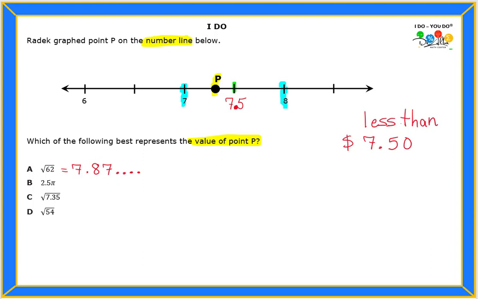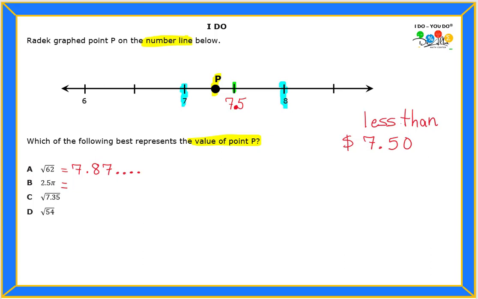What about letter B? That symbol is pi. So you can put something like this in the calculator, like 2.5 times pi, right? And we're using pi because we want to make sure that we get all the digits that come with it. And that would be, and I'm putting an equal sign, but remember that this is an approximation.